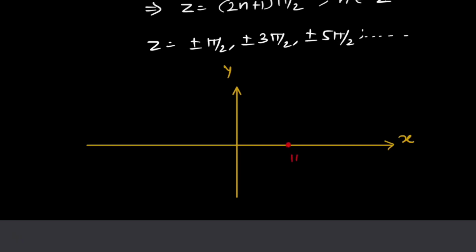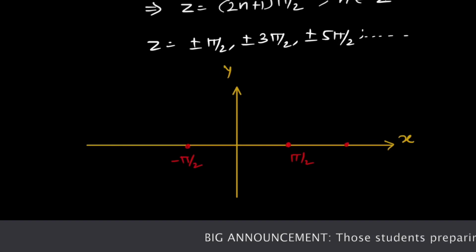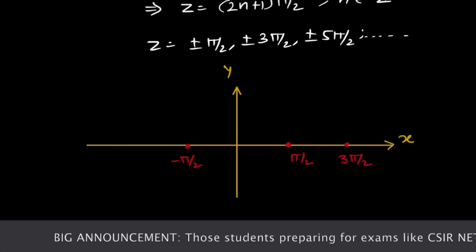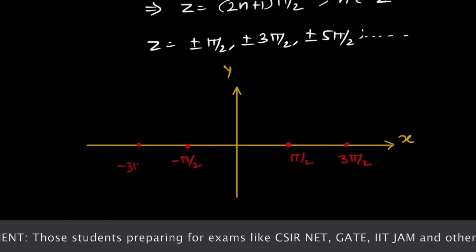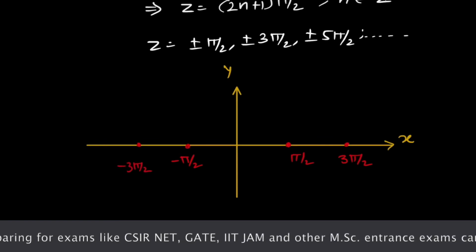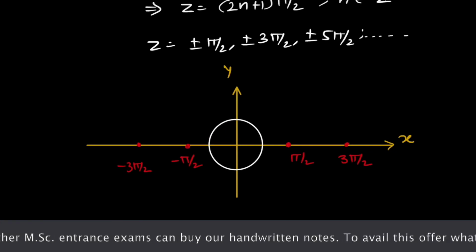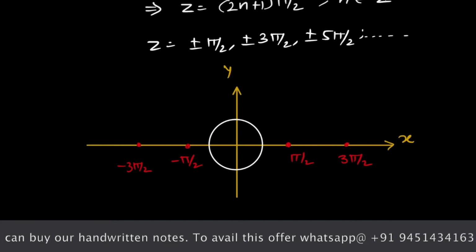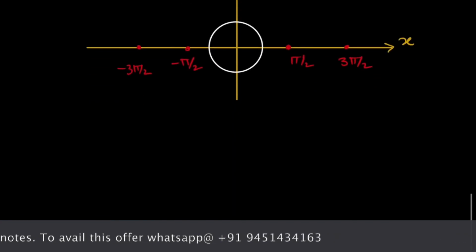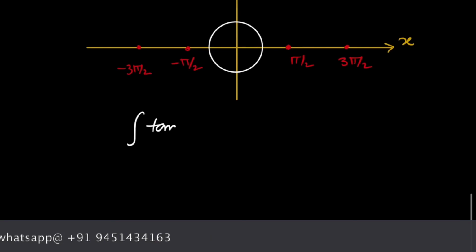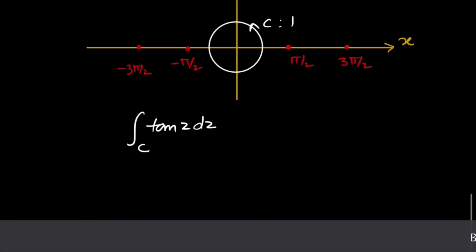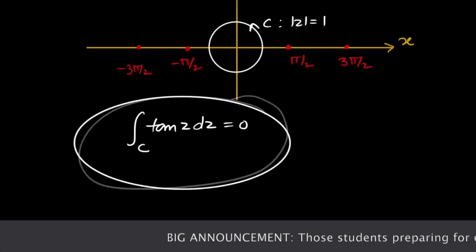This is π/2 and this is -π/2, this is 3π/2 and this is -3π/2, and in the same manner it goes on. And the unit circle is this. So you can see this function tan z is analytic inside this circle, hence the integral of function tan z over this circle C is 0 using Cauchy's theorem.